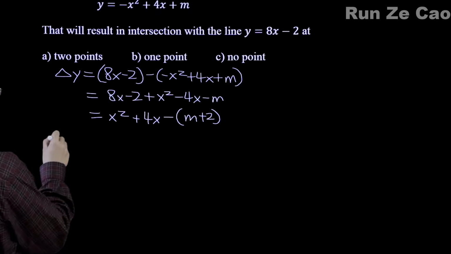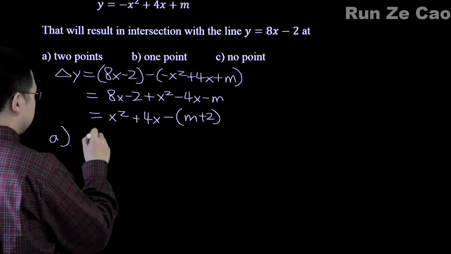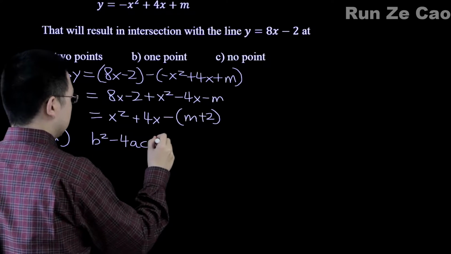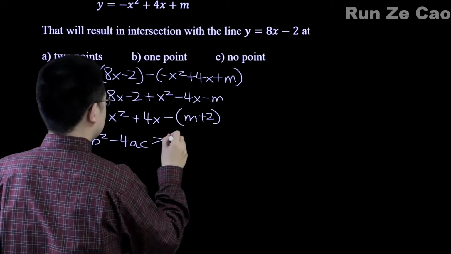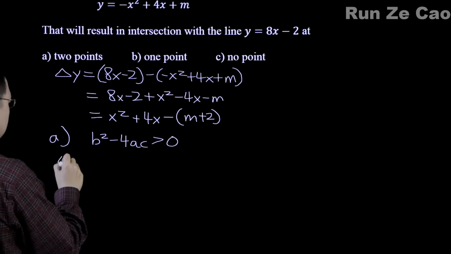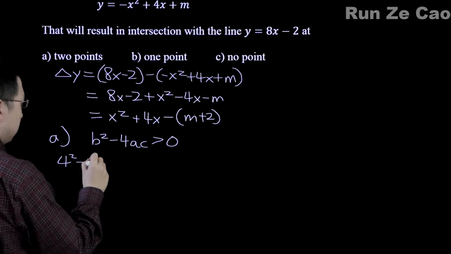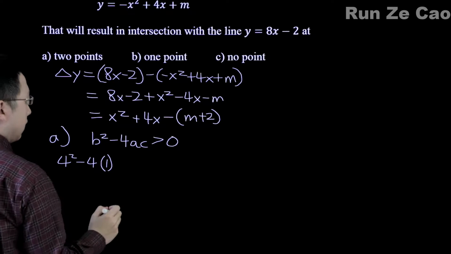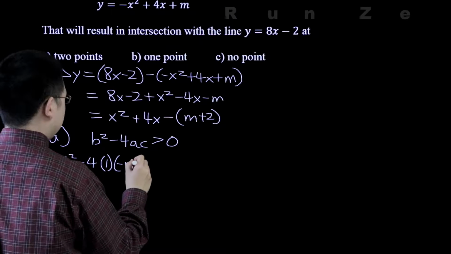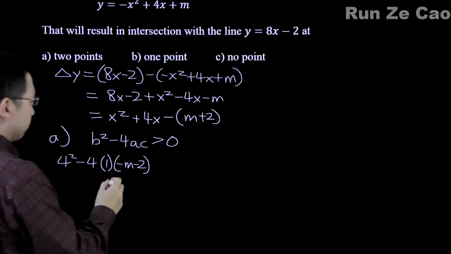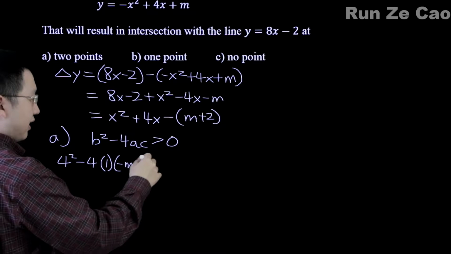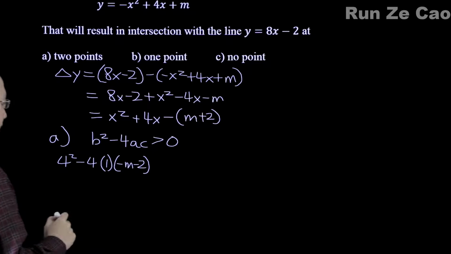So a gives us b squared minus 4ac greater than 0. So b squared is 4 squared minus 4, a is 1, and c is negative m minus 2. Or we could have put square brackets, negative, round brackets, m plus 2 if we want.